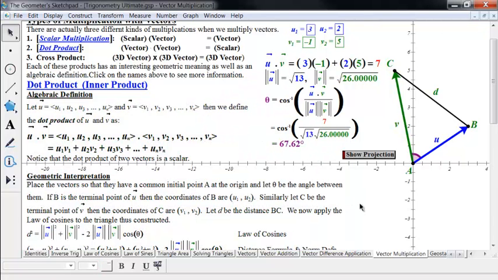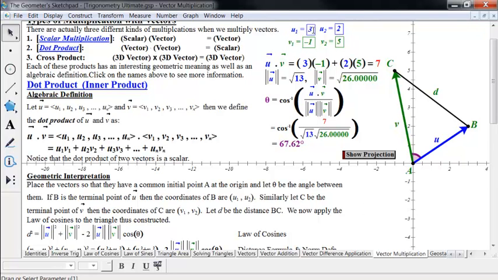We call it a dot product partially because of the symbol we use for it, which is the raised dot multiplication symbol. You just take u1 times v1 plus u2 times v2 plus u3 times v3 all the way up to un times vn. So we're just multiplying the corresponding components and then adding all those together, and notice that this gives us a scalar.